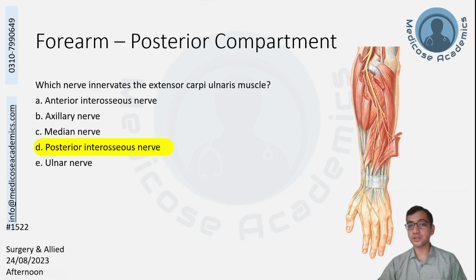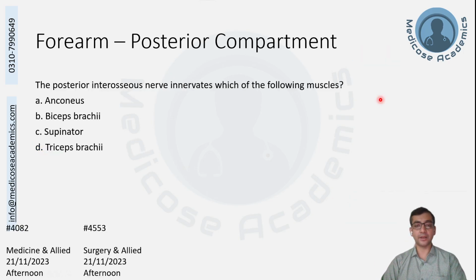So all of these muscles are supplied by the posterior interosseous nerve. That is the branch of the radial nerve that dips down deep from the cubital fossa, runs around the radial head within the supinator muscle, as you can see right here, and goes to the back.